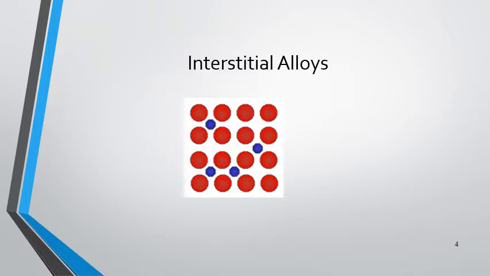The second type of alloy that we have is called the interstitial alloy. As you can see in the picture, I again have red atoms and blue atoms here. The blue atoms are much smaller in size than the red ones, and so the blue atoms can then fill in the gaps in between the red atoms in that crystal lattice structure. The easy analogy that I can give you for something like this is to think about if you took a bucket of rocks and then poured in sand.